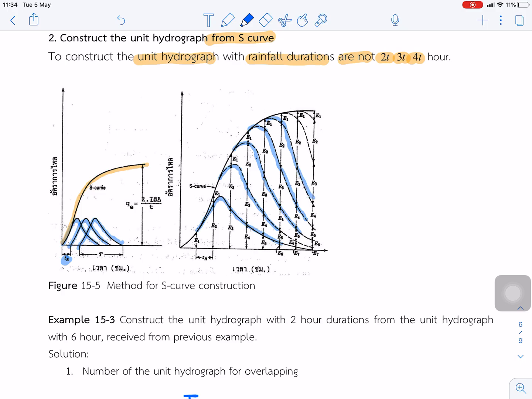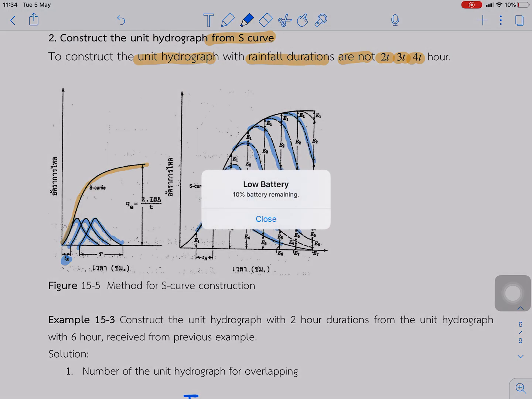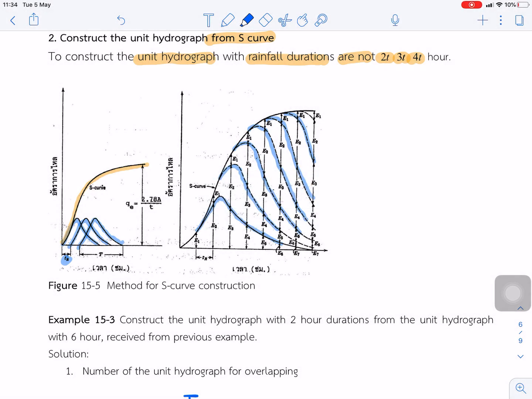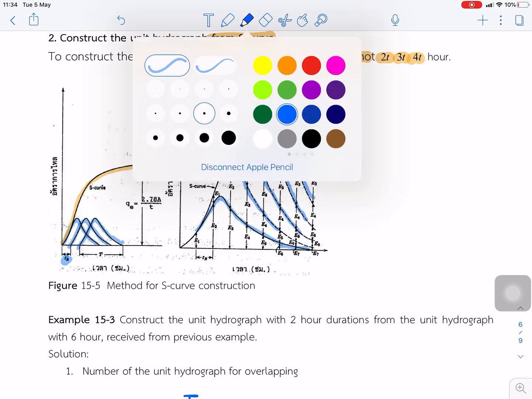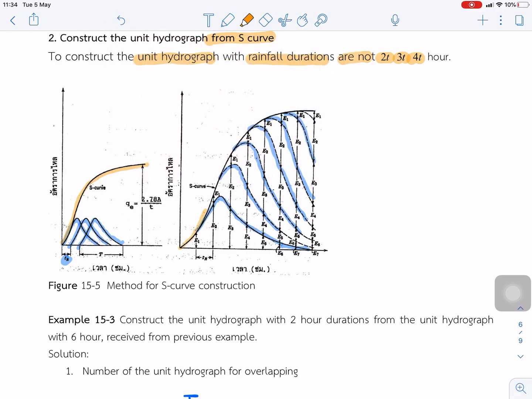At the end of the tail of the first unit graph, we expect that the maximum, or the peak, should be constant for the S curve.